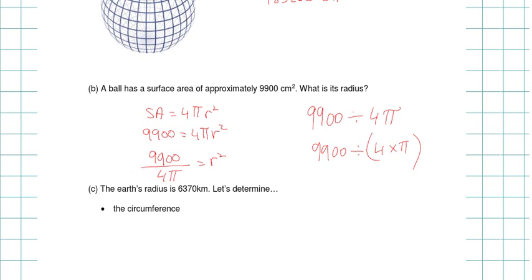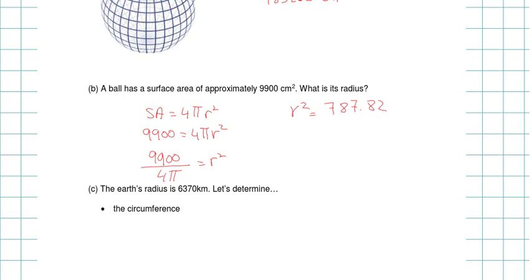So what did you guys get for r squared? 787.8. Okay, this is what I got too. Now, is that my final answer? Is that my radius? Oh, that's radius squared. How can I find the radius?